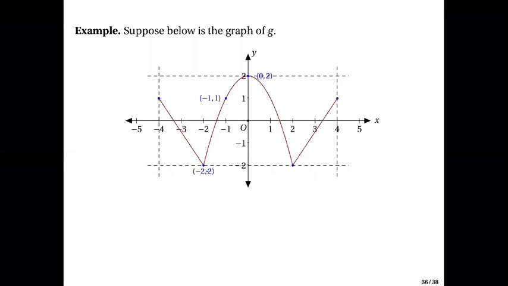That should be negative 2. And then here you have negative 1, comma 1. And then here you have your 0, comma 2. And in here, this is 2, comma, negative 2. And then this guy here is your 4, comma 1.